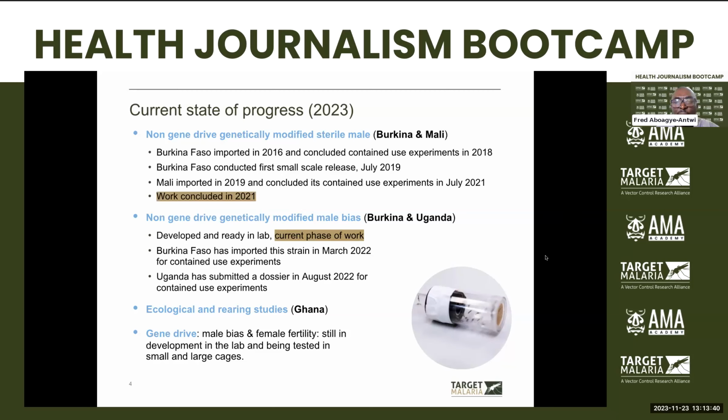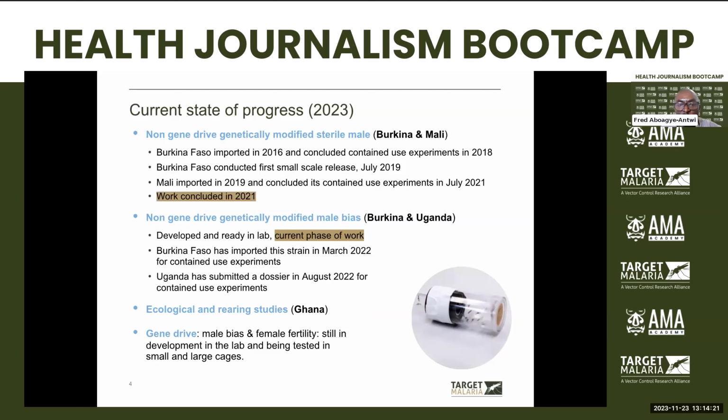And in Burkina and Uganda, there's another kind of work that's ongoing where non-gene drive modified male bias mosquitoes are being worked on. The current phase of the work is such that work is going on in the lab on these, and these mosquitoes were imported into Burkina in March 2022.